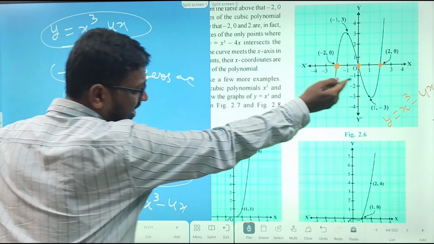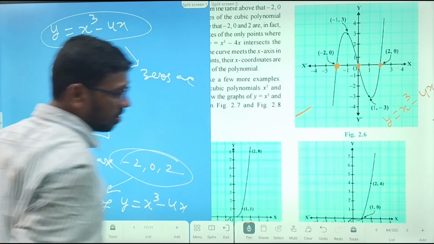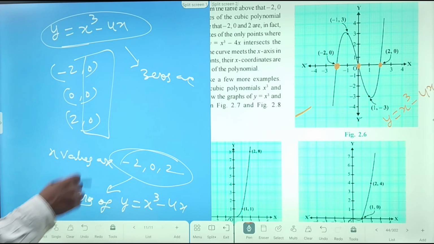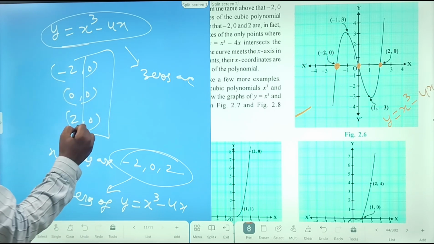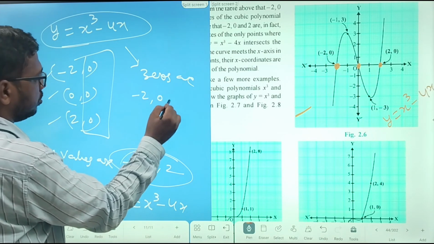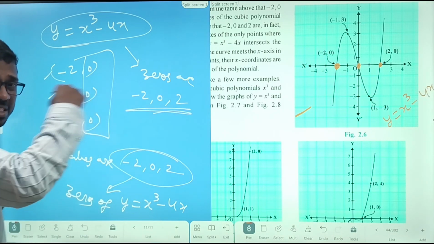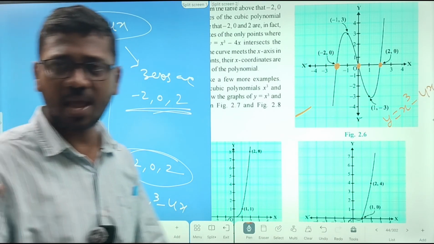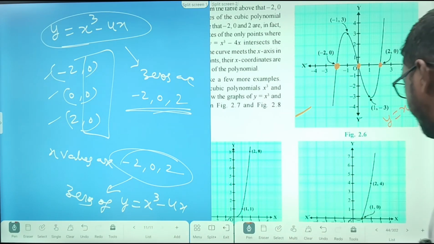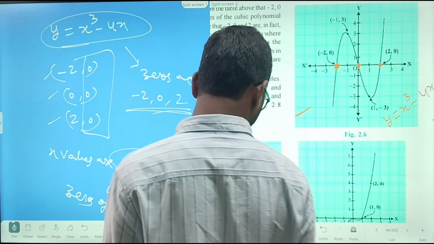From this diagram it is clearly understood that these are the 3 points where that curve cuts the x-axis: minus 2 comma 0, 0 comma 0, 2 comma 0. So the x coordinates minus 2, 0, 2 are the zeros. That is what I am saying. So go to the next graph, 2.7.